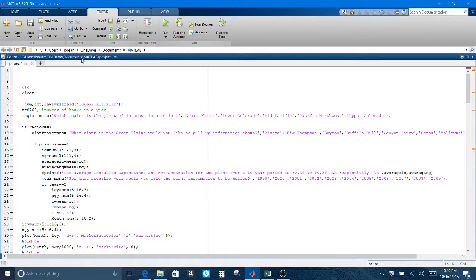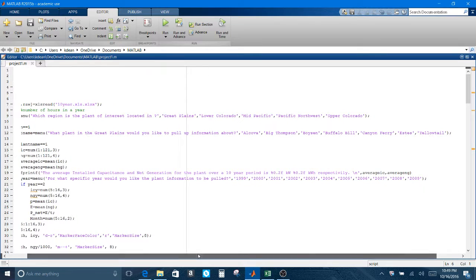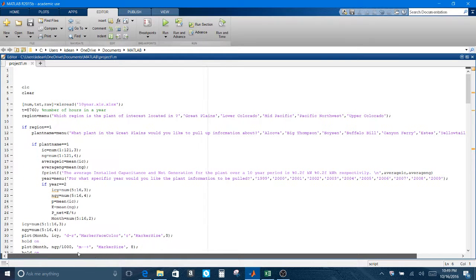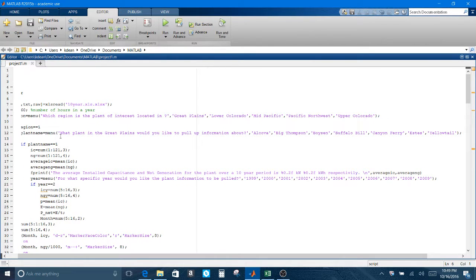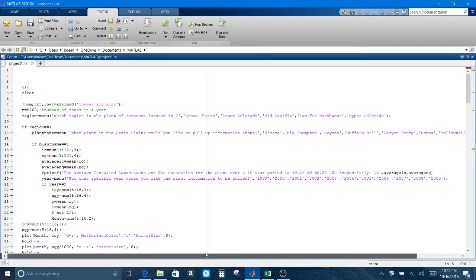So as you could see right here, we made an input where it asked, which region is the plant of interest located in? And we have all the locations for those plants. And then within each location, there's a certain amount of power plants.